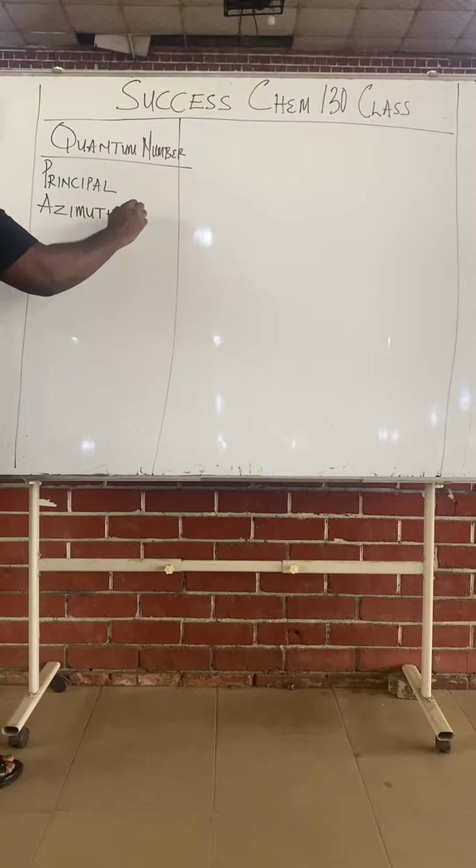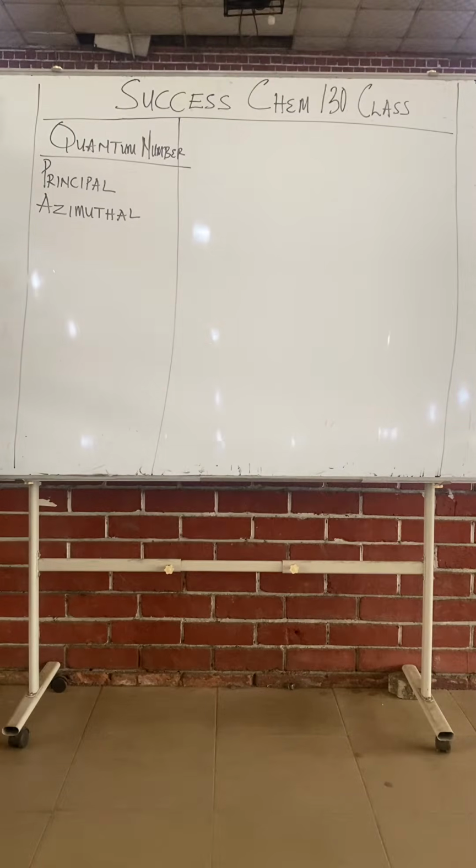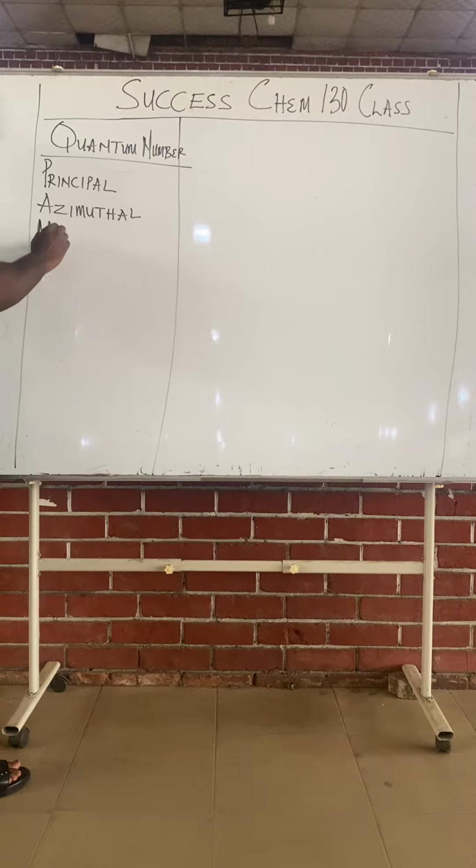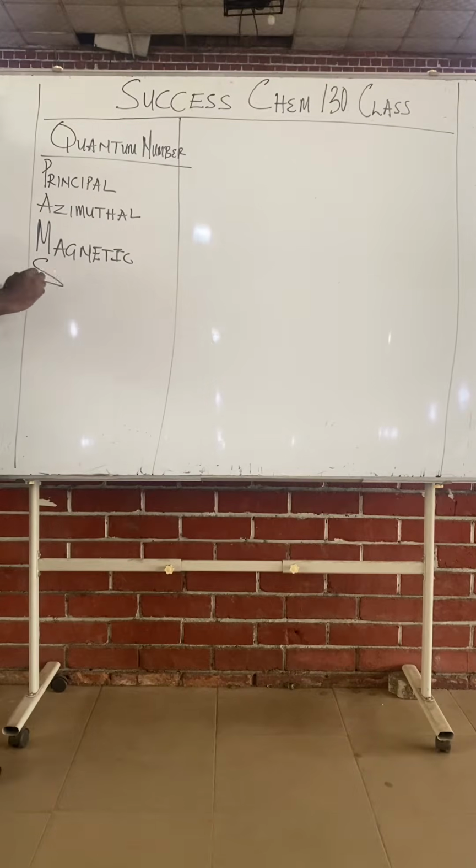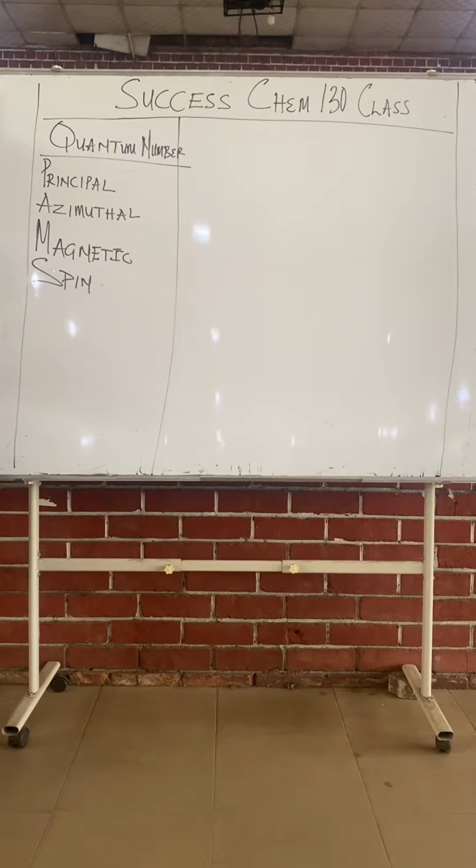Another name for azimuthal quantum number is subsidiary quantum number or angular momentum quantum number. We have magnetic quantum number, and then we have spin quantum number. Each of these 4 quantum numbers have their symbols.